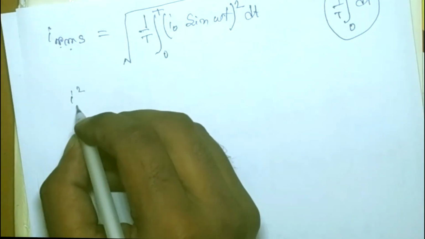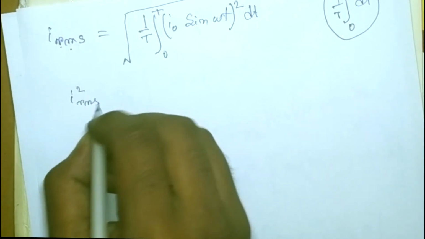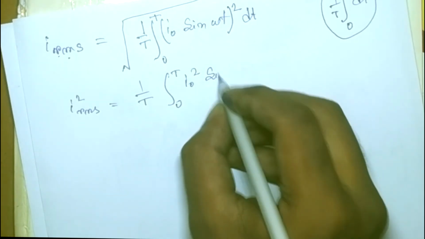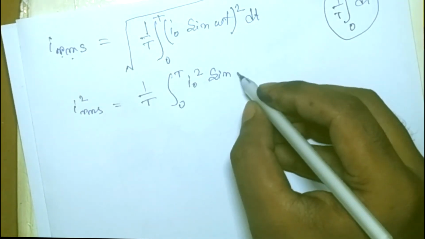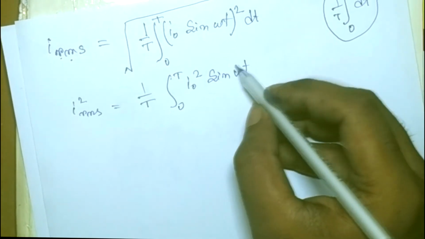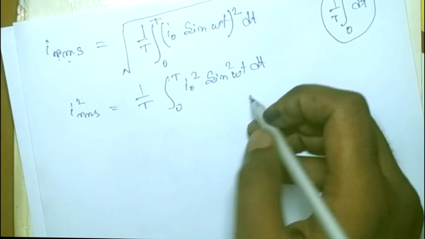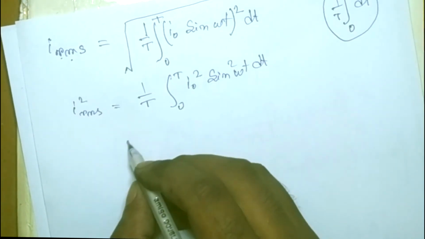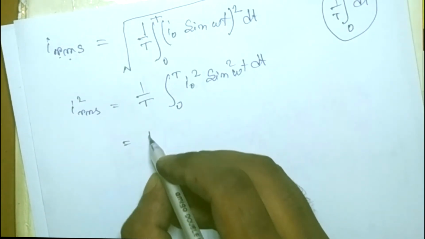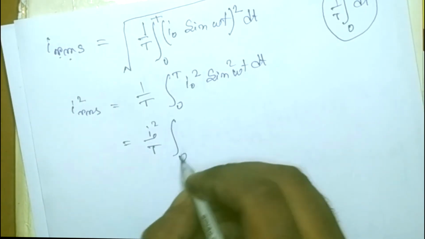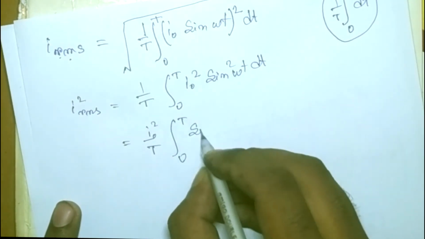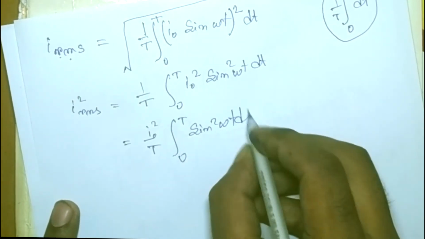So root means simple. We'll calculate the root of the entire term. So we can write I square RMS equal to integral 0 to T, 1 by T, I0 square sin square omega t dt. Now as I0 is a constant quantity, it comes out, and we get integral 0 to T of sin square omega t dt.